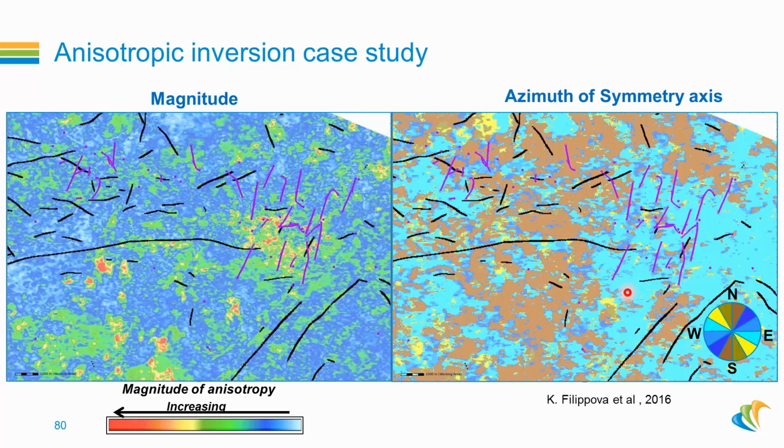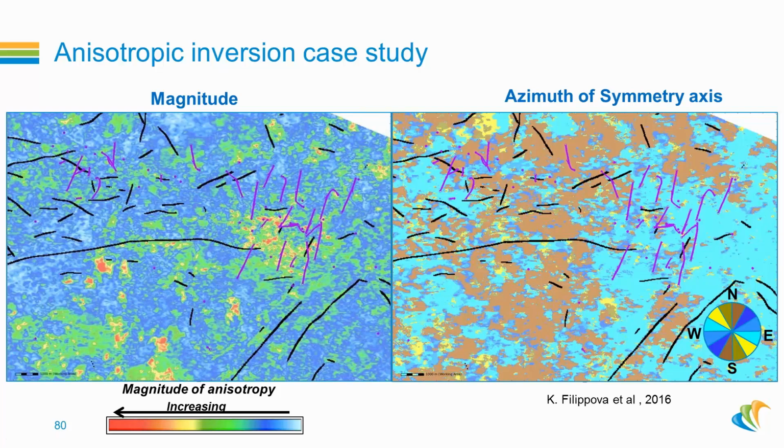And this map, the right one, is showing the azimuth of the symmetry axis of the anisotropy, which is perpendicular to, for example, the direction of the fractures, which is following this. For example, for this brown one, which is north-south, it should be this direction, and then we will have almost this direction, the faulting direction, which is almost matching the faults here.